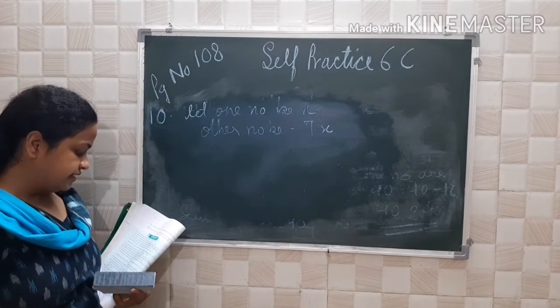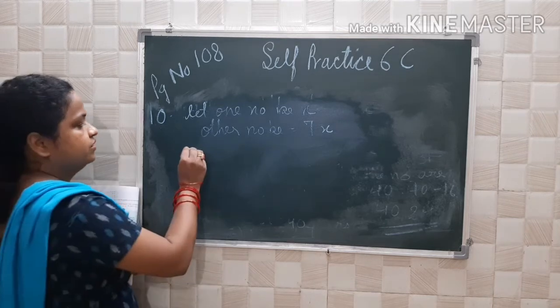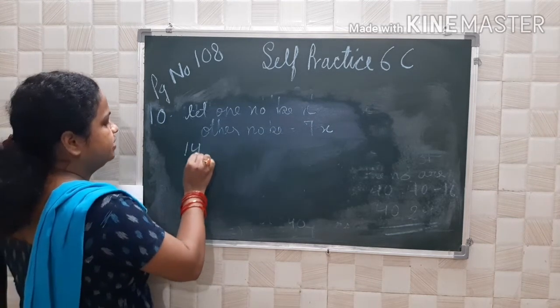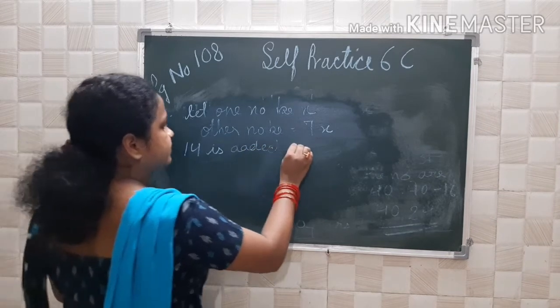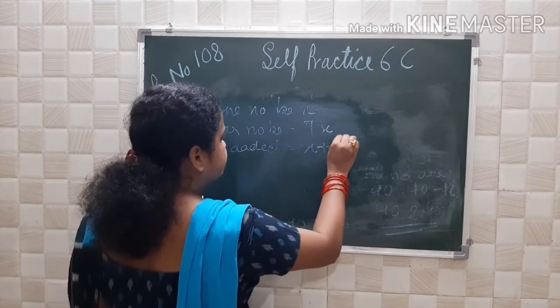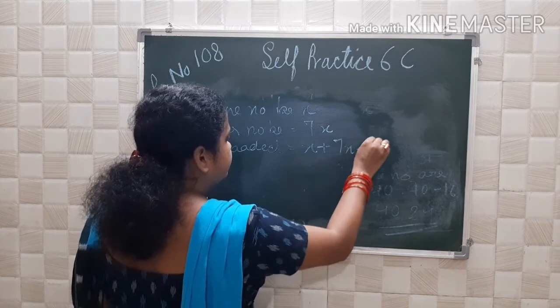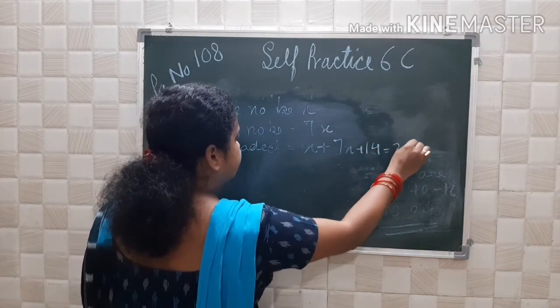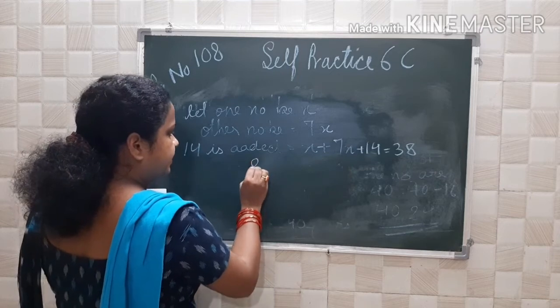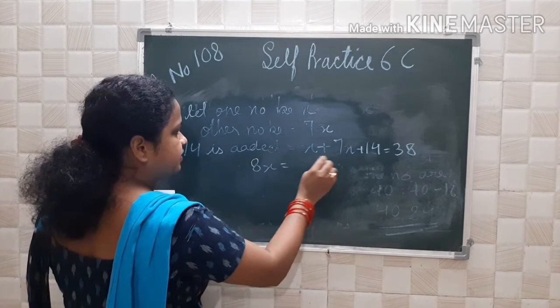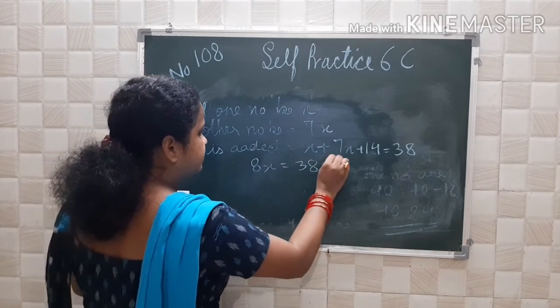If 14 is added to the sum of the numbers, that means 14 is added. So it will become x plus 7x plus 14 is equal to 38. So what you will have? x plus 7x, 8x is equal to 38 minus 14.